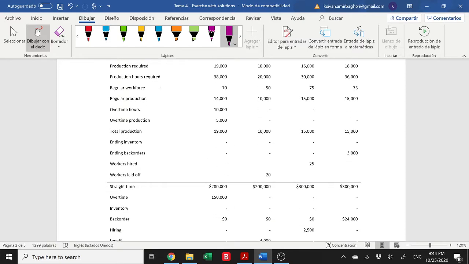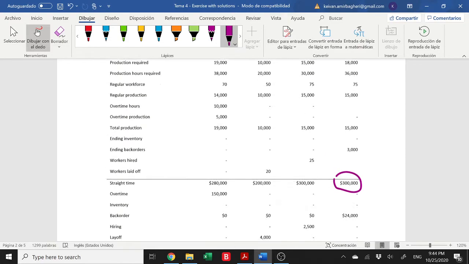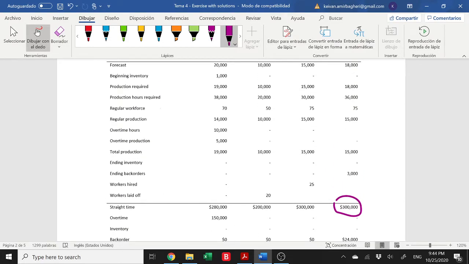And let's check the last season of this problem, winter. What are the costs that happen here, guys? Straight time, obviously, that we have. That is straight time or regular time or normal time, all of these names are correct. We need 15,000 units of production, so the hours are double because of the productivity.